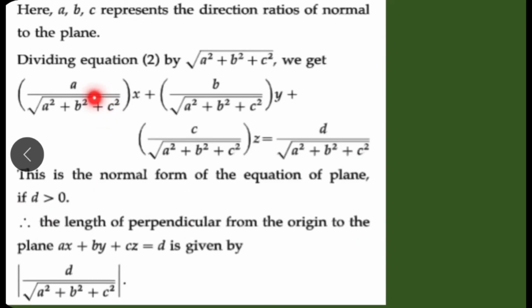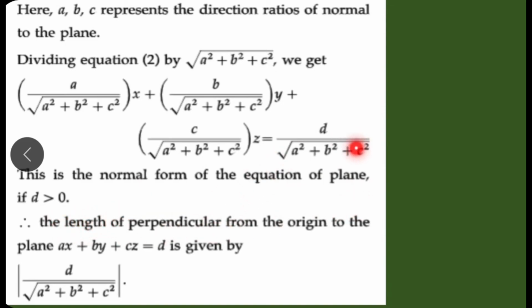So we get a upon root a square plus b square plus c square into x plus b upon root a square plus b square plus c square into y plus c upon root a square plus b square plus c square into z equals d upon root a square plus b square plus c square. This is the normal form of the equation of plane if d greater than 0.